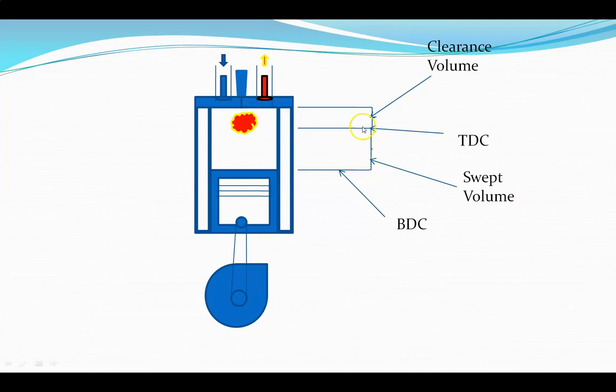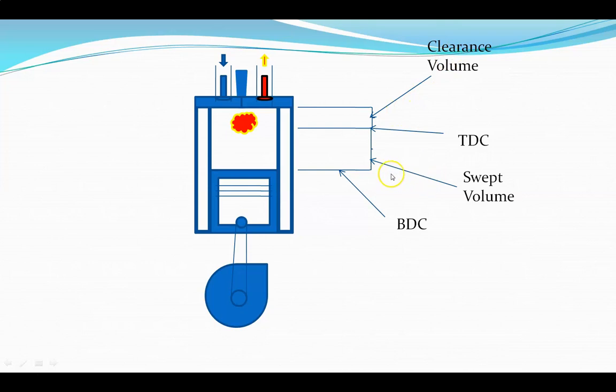Now, I want us to note the meaning of this part, because it will be required when we talk about compression ratio. Compression ratio involves the total volume of the cylinder over the clearance volume.